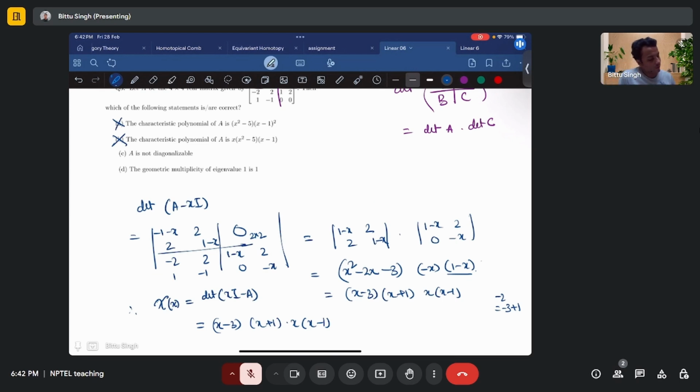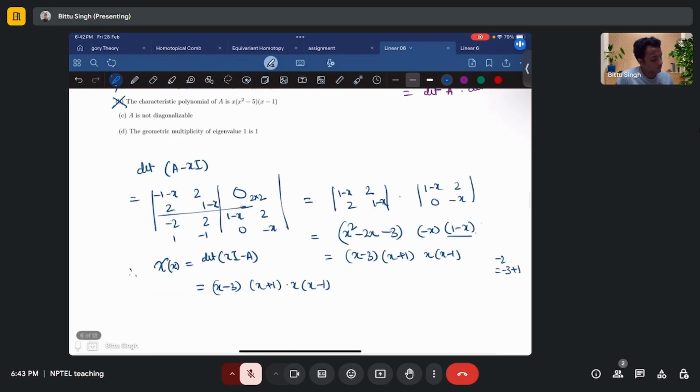Now, A is not diagonalizable. From here we can see that all eigenvalues are distinct. So what are the eigenvalues?